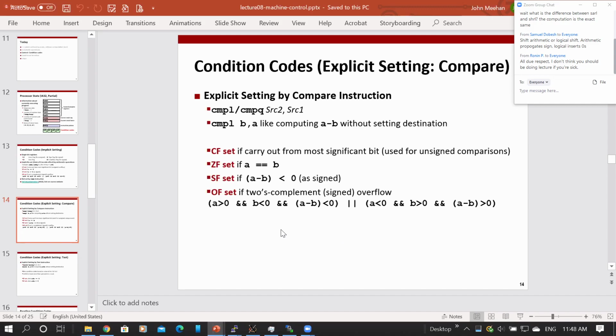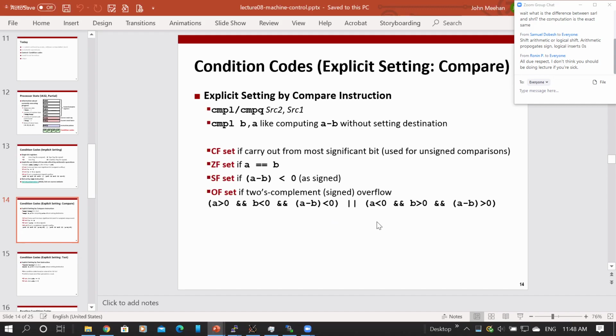And that's similar to what you were doing in one of your homeworks, I think. You're saying A came in positive, B came in negative, and the result of the subtraction was negative, right?